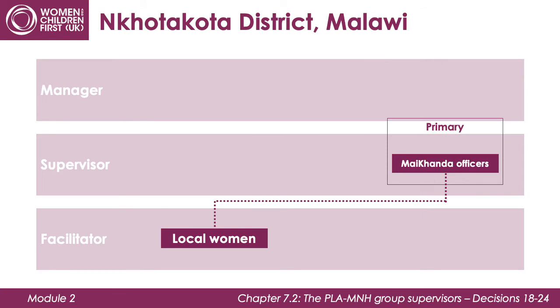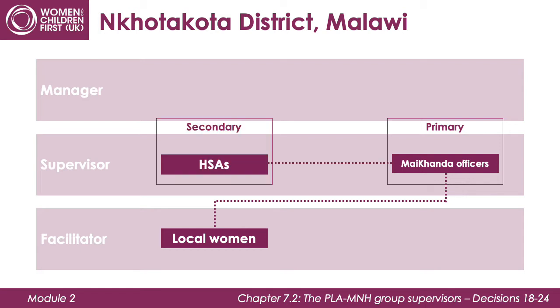A good example is from a program with the Mikanda Trust in Nkhota Kota District, Malawi. In this case, Mikanda Trust officers were selected, trained and engaged as primary PLA-MNH group supervisors at the beginning of the program. They worked directly with the PLA-MNH group facilitators, which in this case were local women.